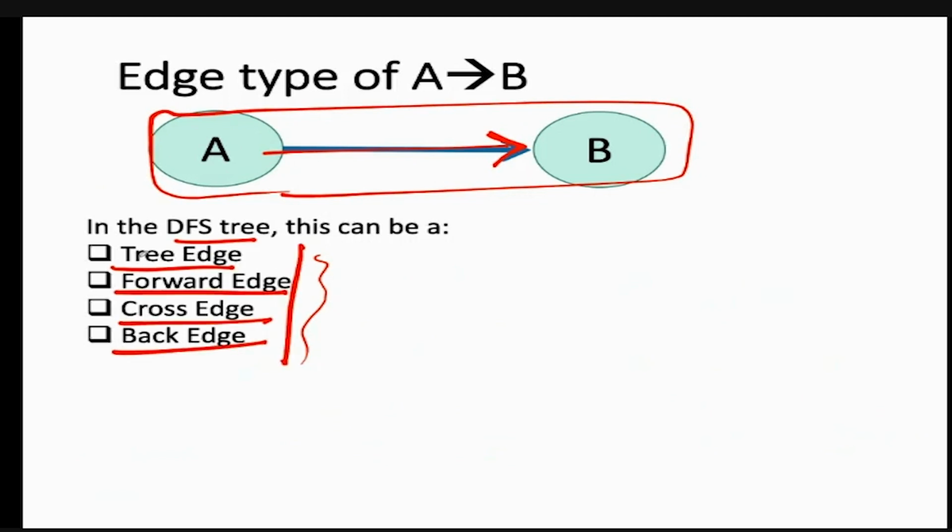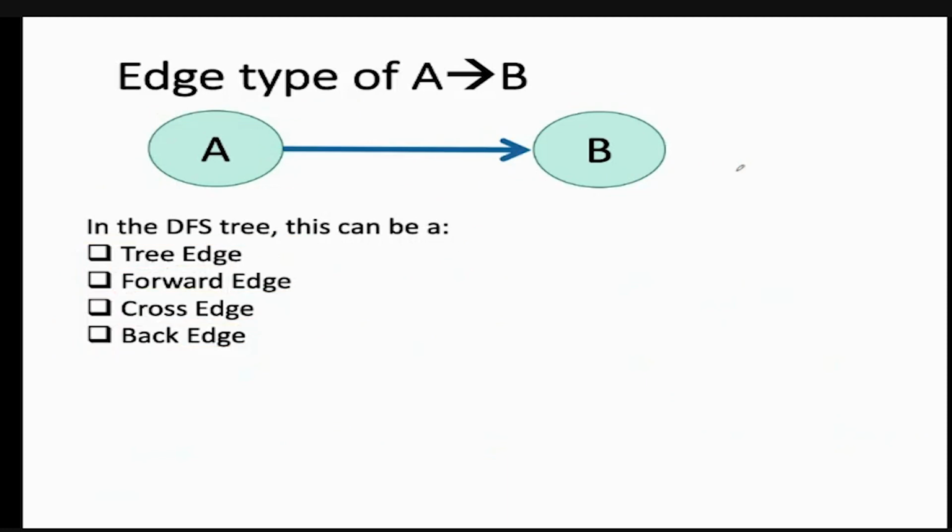To know what these edges mean, you have to watch the video just before. It's called edge classification, and you have to know what this means before watching this video. Have you watched that? Jump back, watch that, and come back. Each DFS can have these four kinds of edges.